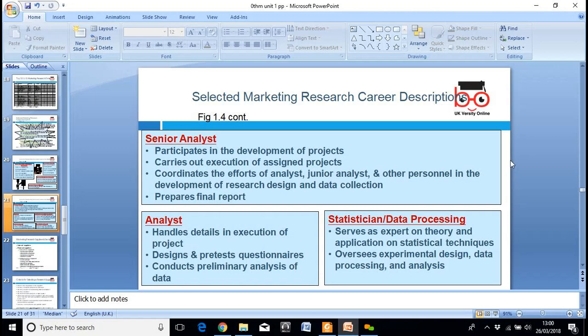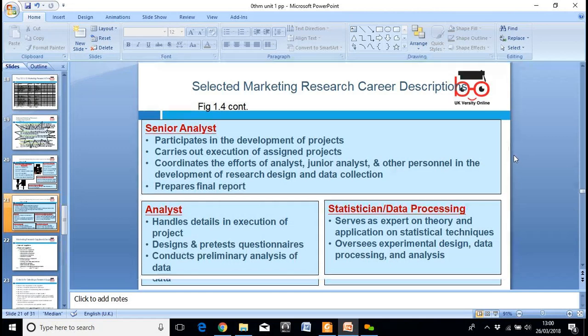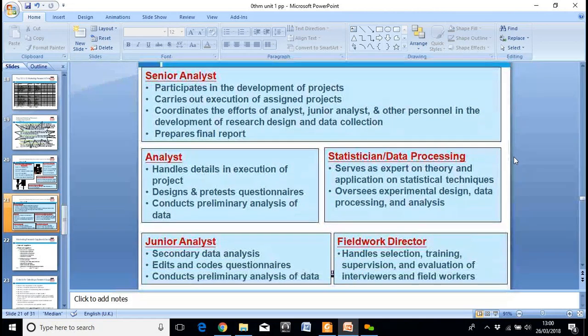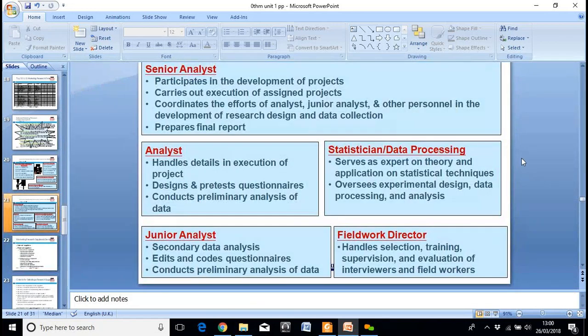That is primary data, yeah? Looks at secondary data analysis, edits codes and questionnaires, conducts preliminary analysis of data. The fieldwork director handles the selection, training, supervision and evaluation of people who are going to do the interviews and do the fieldwork.